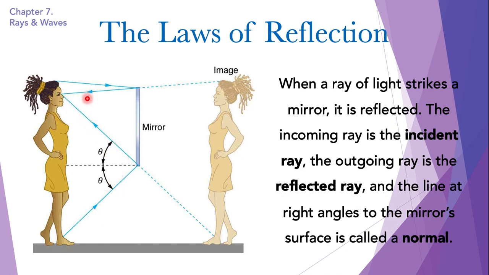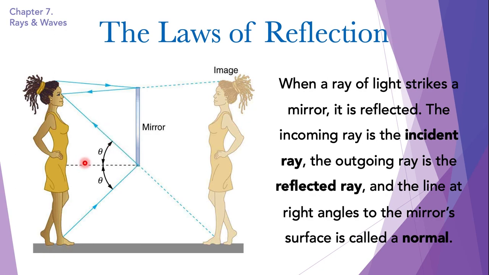So the incoming ray, which is basically the ray which hits the object before it becomes reflected, is called the incident ray. And the outgoing ray, which bounces off of the mirror, is the reflected ray. You can see this by the arrows. So the ray which is moving towards the mirror and is striking the mirror is the incident ray, and the ray which goes away from the mirror is the reflected ray.